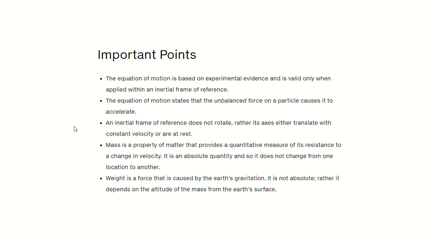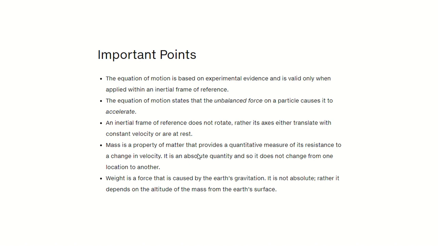Make sure you get all your units as well, and then it gets into the inertial frame of reference. Usually this frame doesn't rotate. So the little diagram we just showed you goes with your coordinate axis, and then they're going to translate with a constant velocity. Sometimes they're at rest.